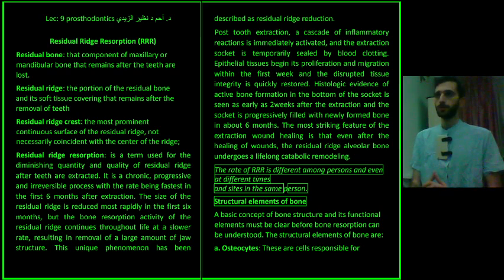Histologic evidence of active bone formation in the bottom of the socket is seen as early as 2 weeks after the extraction, and the socket is progressively filled with newly formed bone in about 6 months.